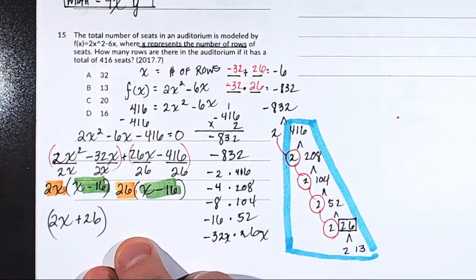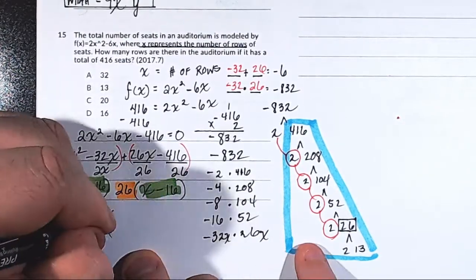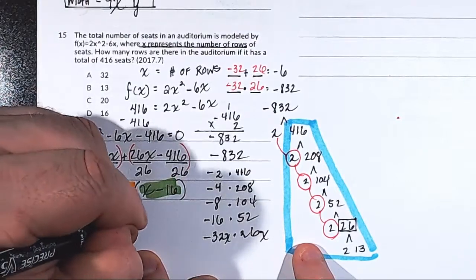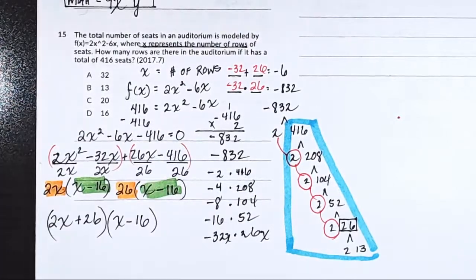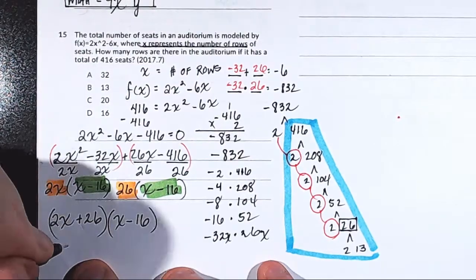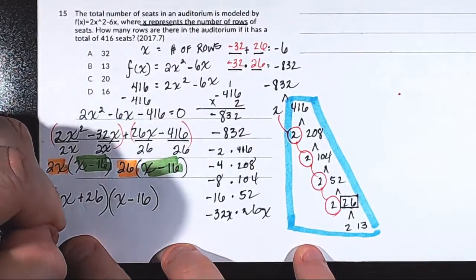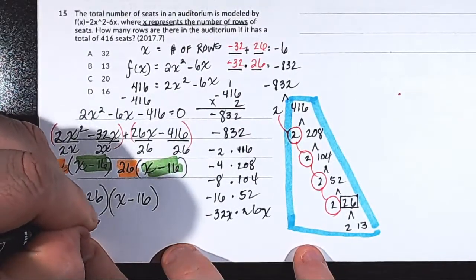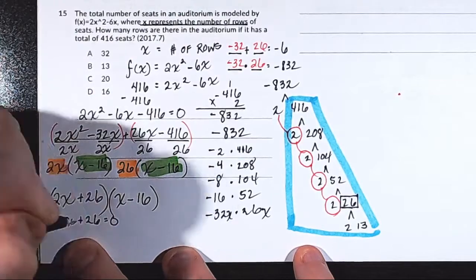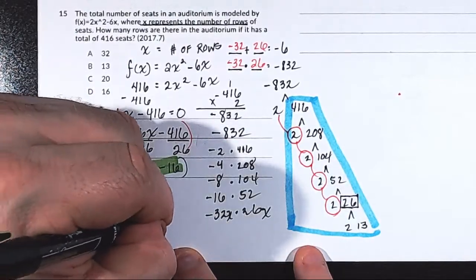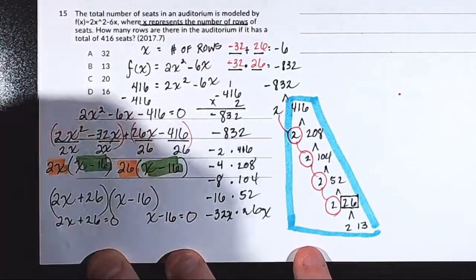That's one factor. The other factor is x minus 16. Okay, so the question is, what are the different solutions to these factors? So we just have to set these equal to 0 to solve for them. So 2x plus 26 equals 0, and x minus 16 equals 0.